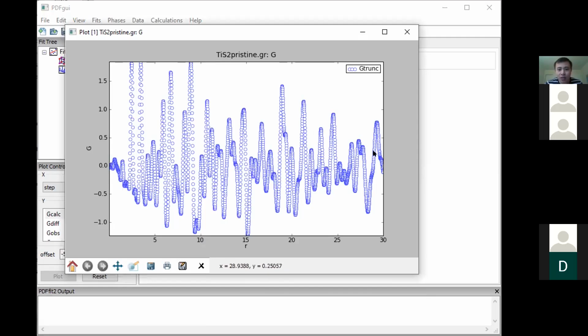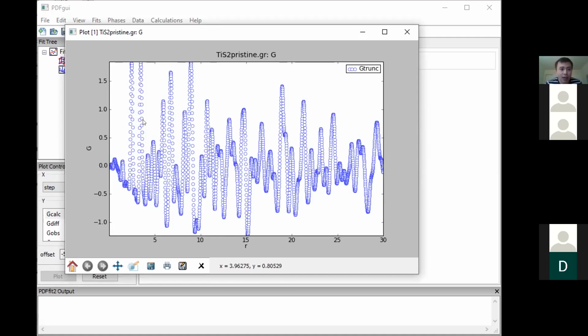In fact, for the oscillation, we only stop at 30 angstrom. If we go further, we'll see a series of decay in the signal. That's something determined by the instrument. We'll discuss what instrument that means, and it also relates to the structural parameter. We'll discuss them later. So this is the general trend of how the data looks for PDF data.